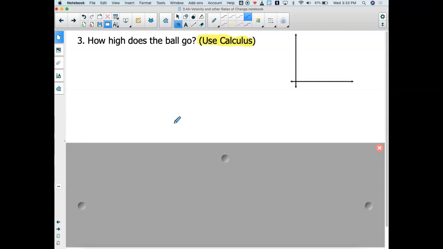Well, to me, using calculus means no calculator within reason. Now, we're going to use our calculator just for number crunches.